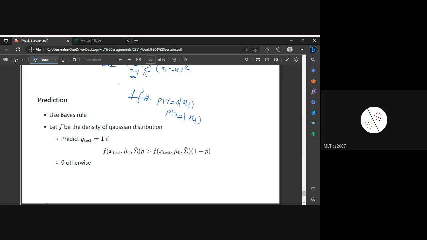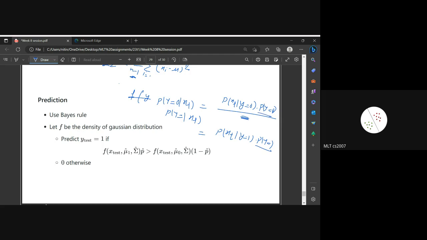Similarly, you can apply the Bayes rule. So this will become p of x test given y equal to 0 times p of y equal to 0, and I'm avoiding the same denominator term just because I'm comparing these things. So this will become p of x test given y equal to 1 times p of y equal to 1.